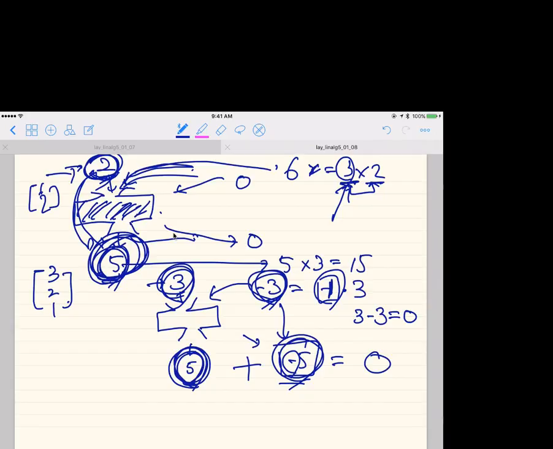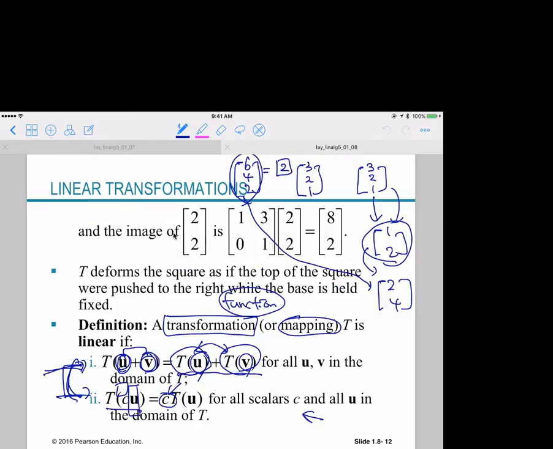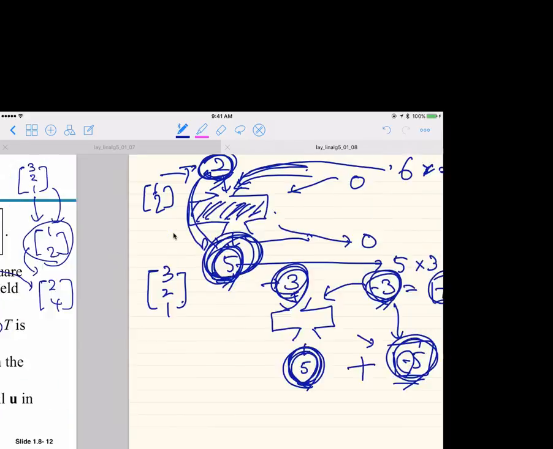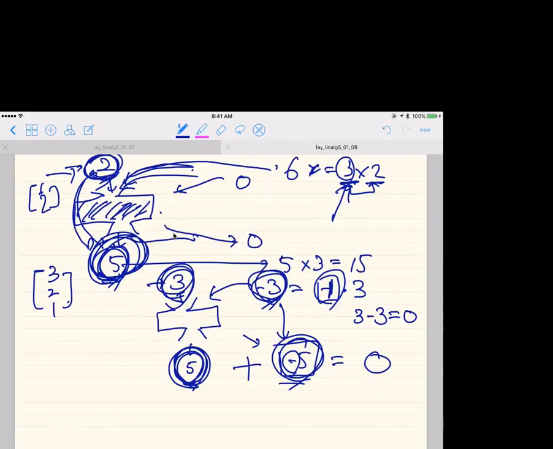So we utilized the two conditions here, and although this was just one example, you guys understand, this relationship should always be true for any linear transformation.